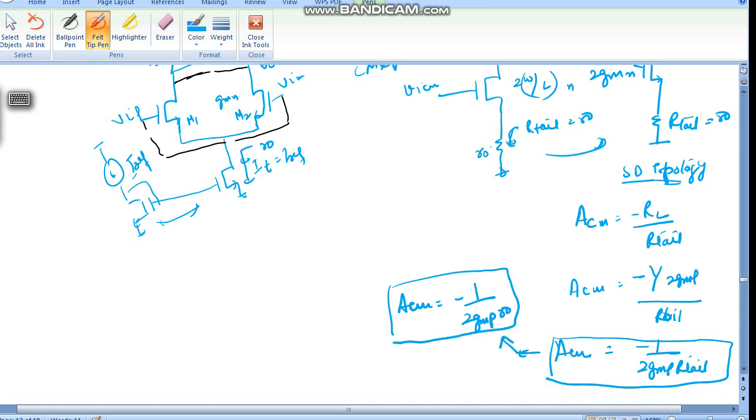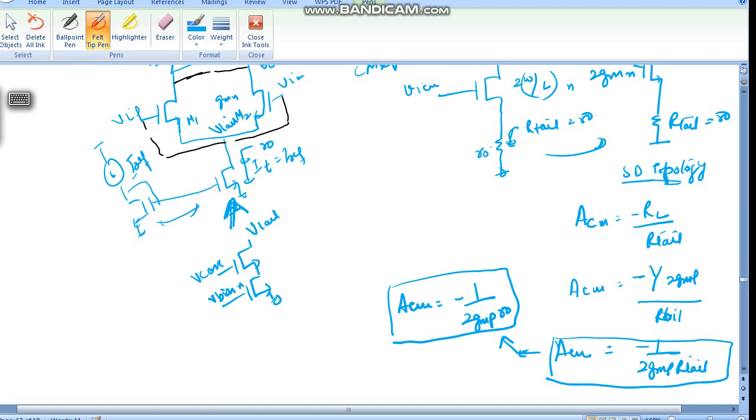Now suppose instead of using this simple current mirror, we use a cascode structure, a cascode current mirror. So this is V cast, this is V bias, and this is V tail.